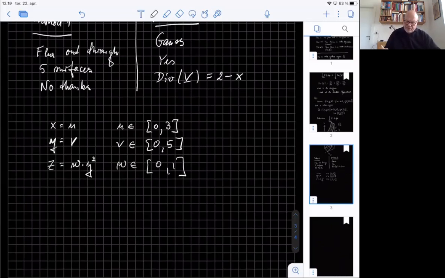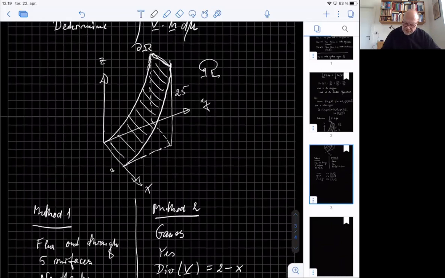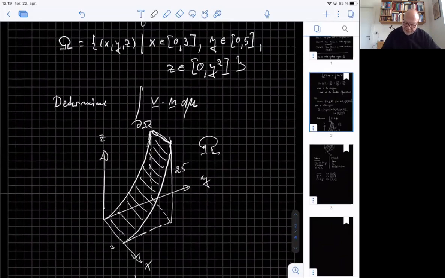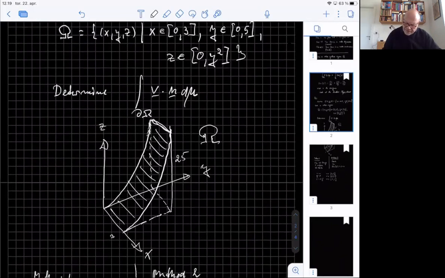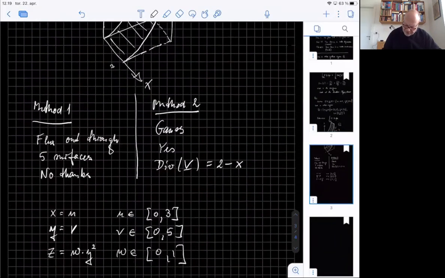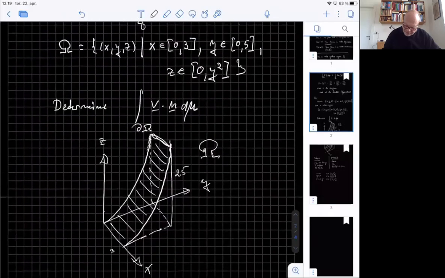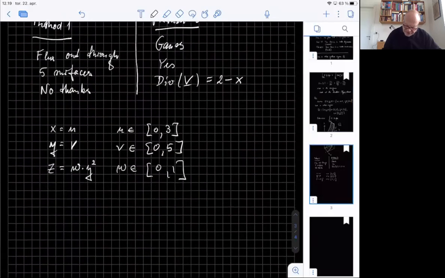Now, this is the volume integral. So you have to compute the Jacobian corresponding to your parametric representation. Let me write down the parametric representation.